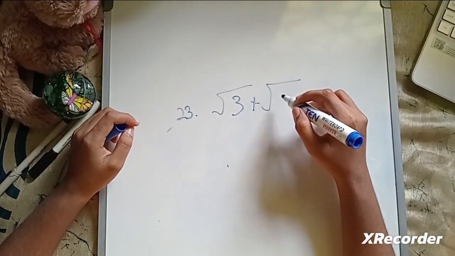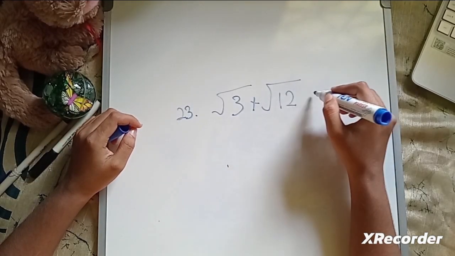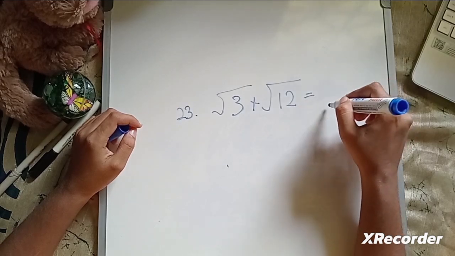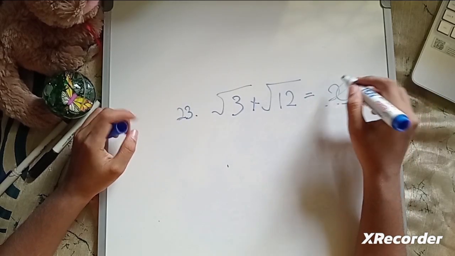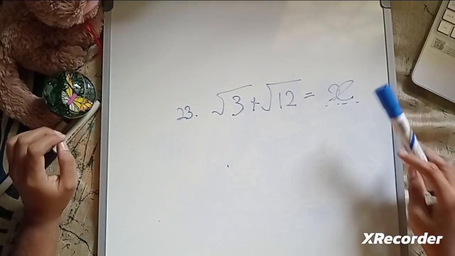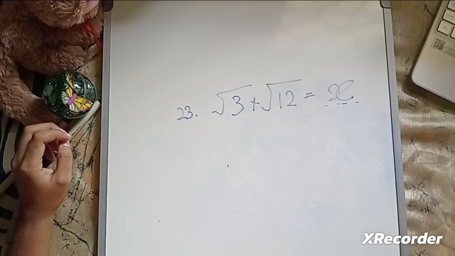Square root of 3 plus square root of 12 equals what kind of value? We are asking whether this value is less than 5, equal to 5, or greater than 5.